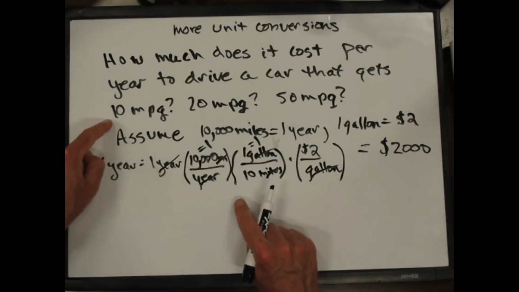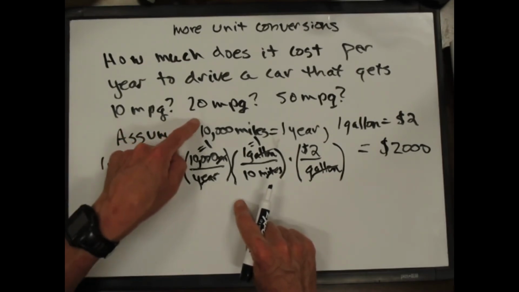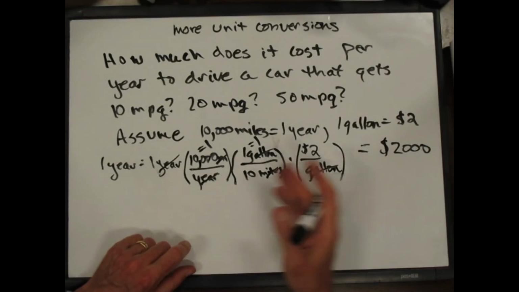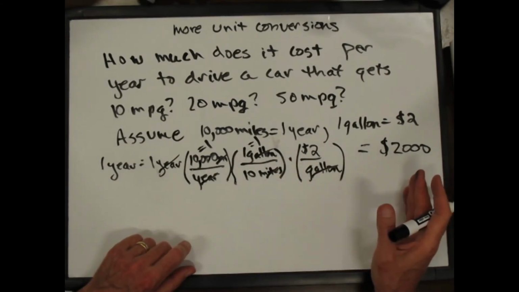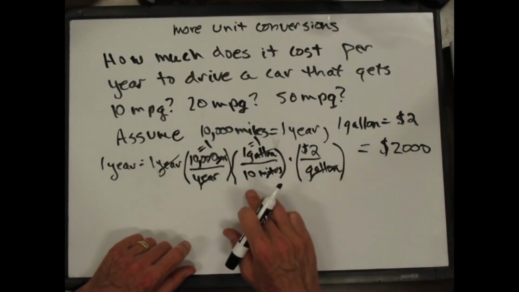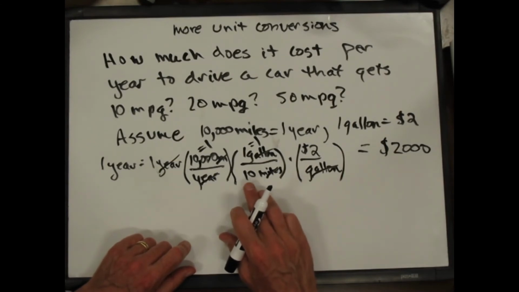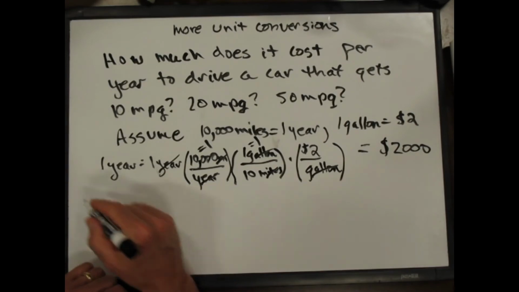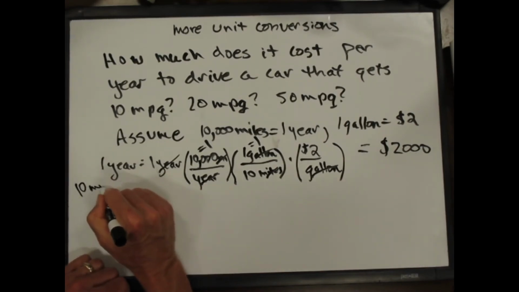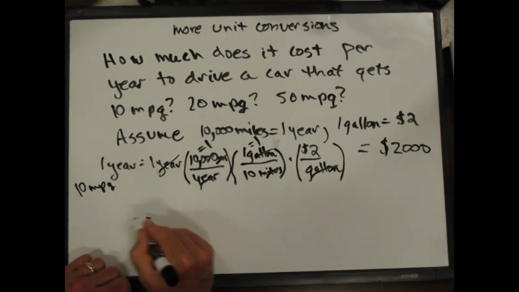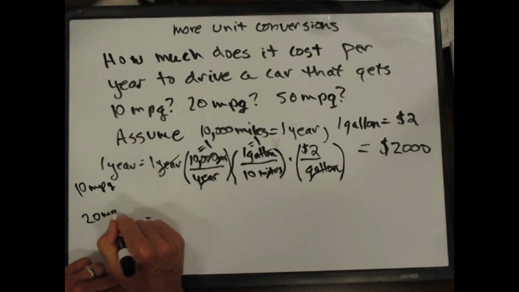And so then we can ask the question, well, what happens if I have a 20 mile per gallon car? Well, actually, everything's the same except one number, this one, right? Instead of being a 10, that's a 20, which makes this quantity half as big. And so I might call this the 10 mile per gallon line, and this is the 20 mile per gallon line.